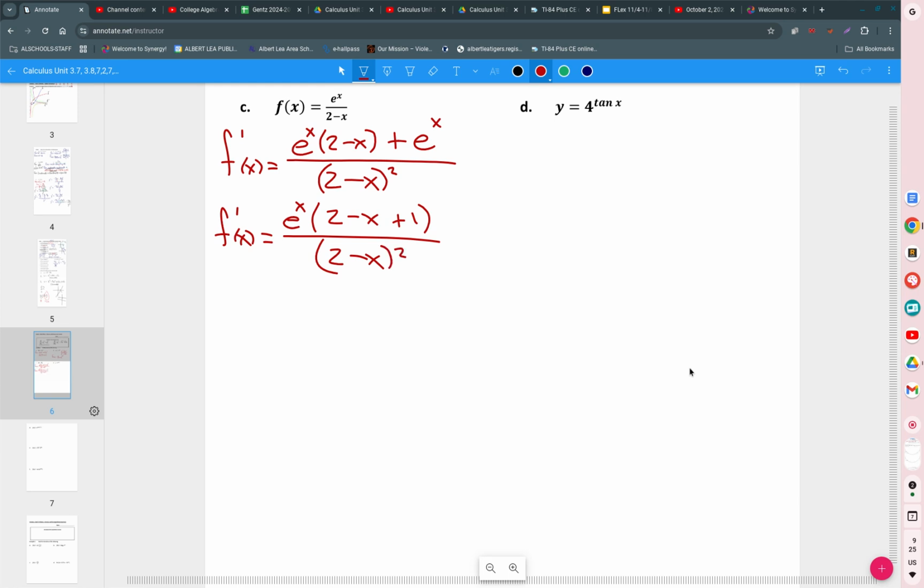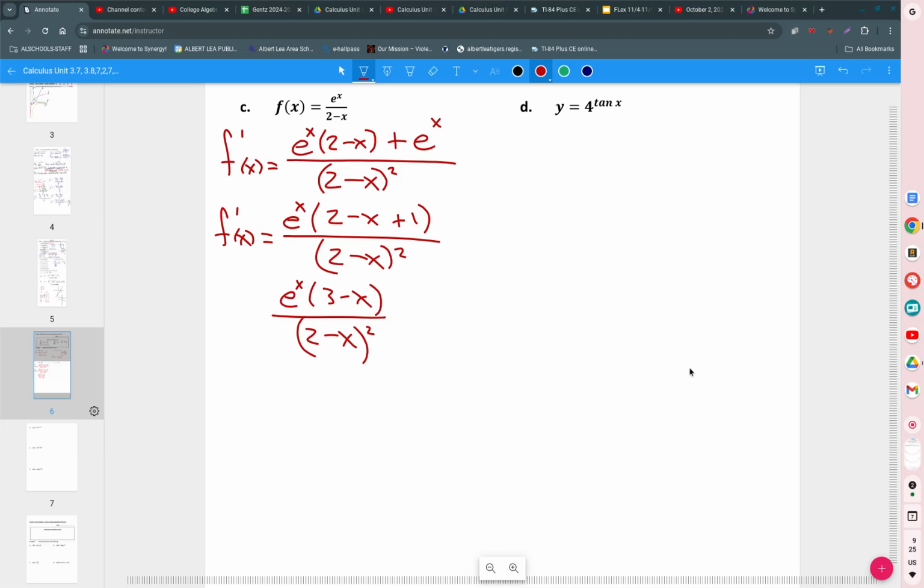Notice we could combine like terms: e to the x times (3 minus x) over (2 minus x) quantity squared. So really, we are just focusing on applying derivative rules again, aren't we? Just with different derivatives.